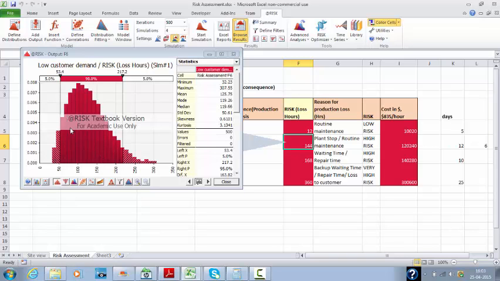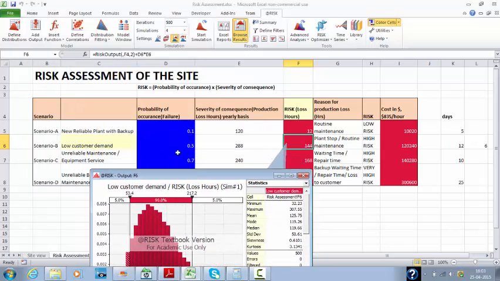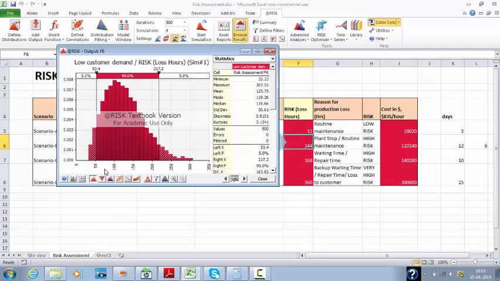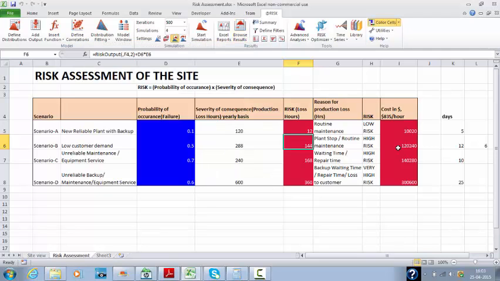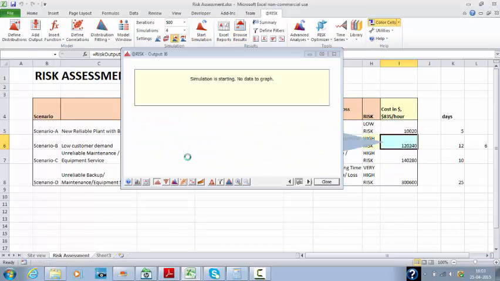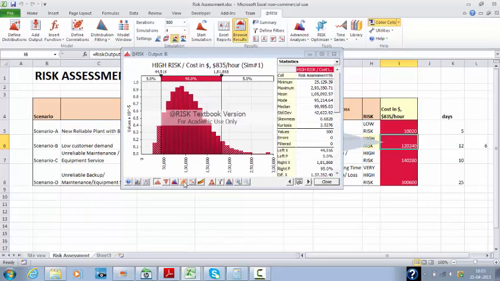So with customer demand probability varying with a Weibull distribution, you could have an output distribution around this range. So we could expect a loss. We can even look at the cost as well. As you can see here, we could have a loss between $50,000 to as high as $180,000 for stoppage of the plant.